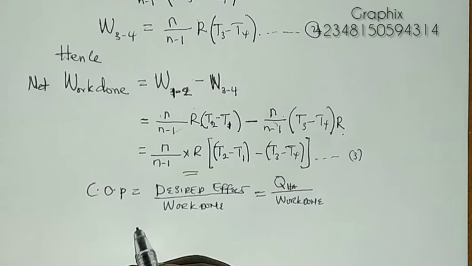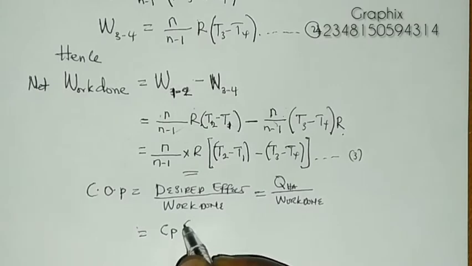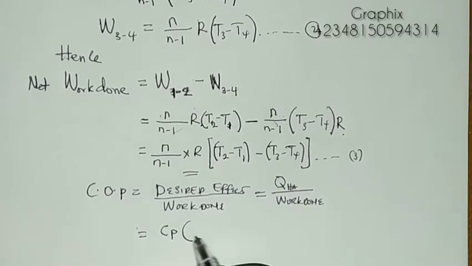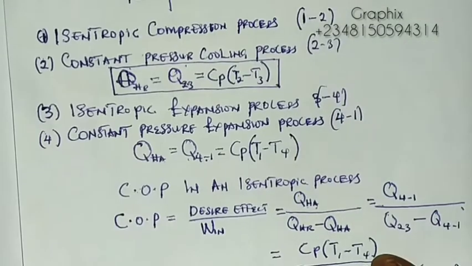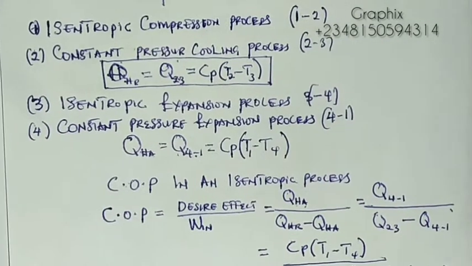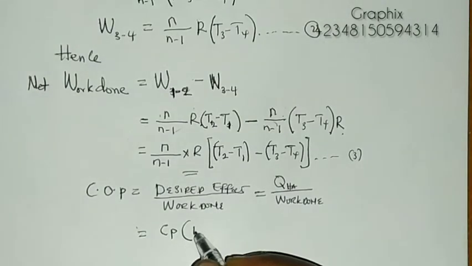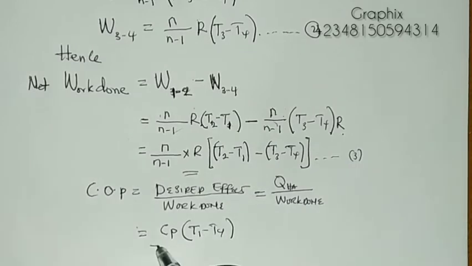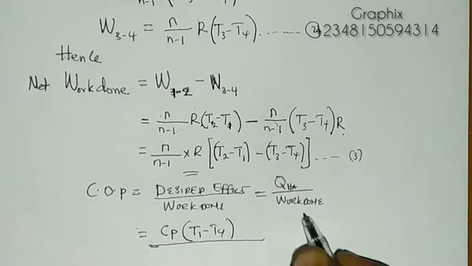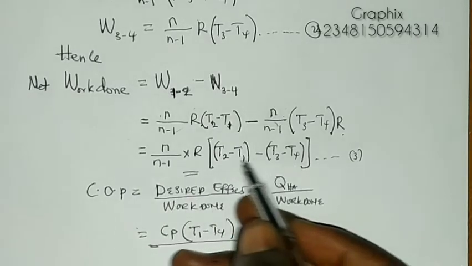So from here, my heat absorbed is given as Cp into brackets T1 minus T4, all over what? The work done. What is the work done? This is equation 3, the work done that we're using.